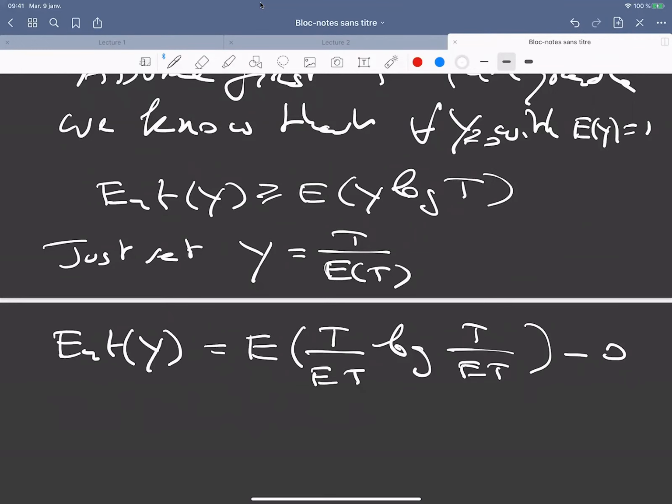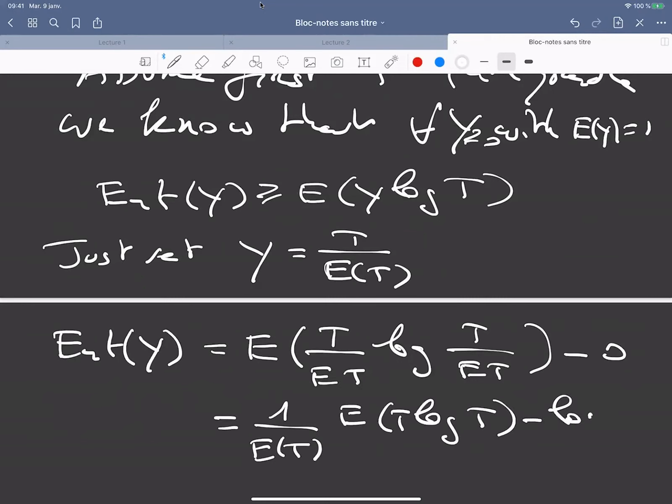And so this is equal to 1 over expectation of t times expectation of t log t, minus the log of the expectation of t.